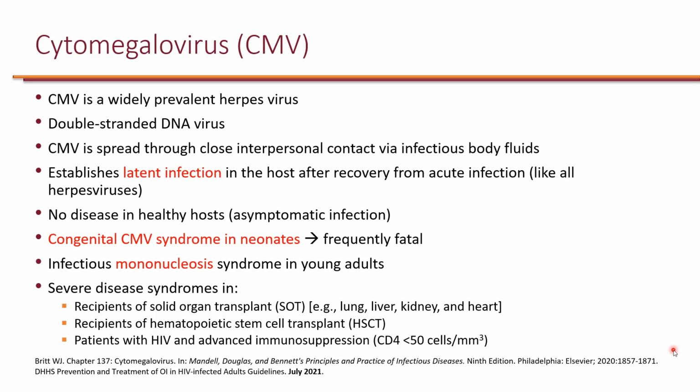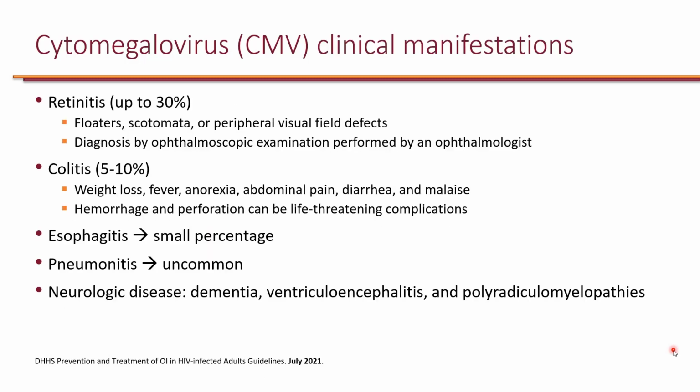So severe disease syndrome occurs in immunocompromised individuals, and that includes recipients of solid organ transplants. So solid organ includes the lung, liver, kidney, and heart, as well as recipients of hematopoietic stem cell transplant, and patients with HIV and advanced immunosuppression. Specifically, a CD4 count of less than 50 puts these individuals at risk of severe disease of CMV.